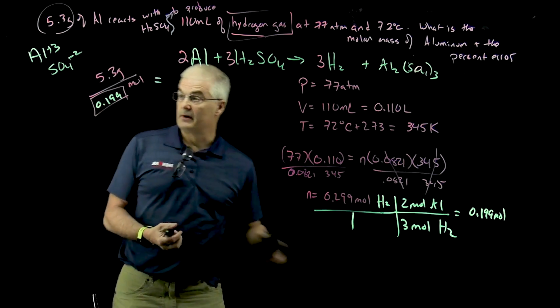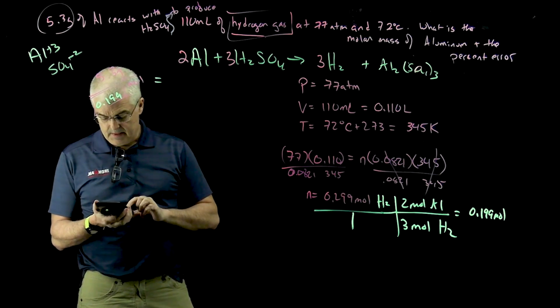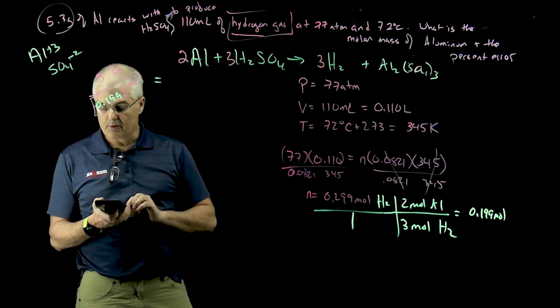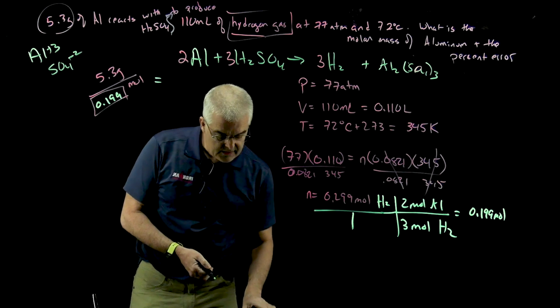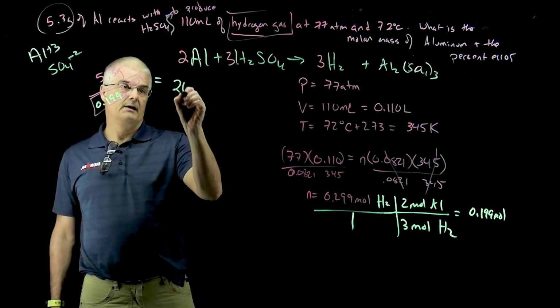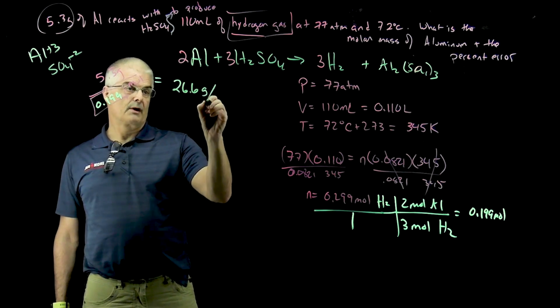So what does that give me now? I'll take 5.3 divided by my previous answer, 0.199, and I get, survey says, 26.6 grams per mole.